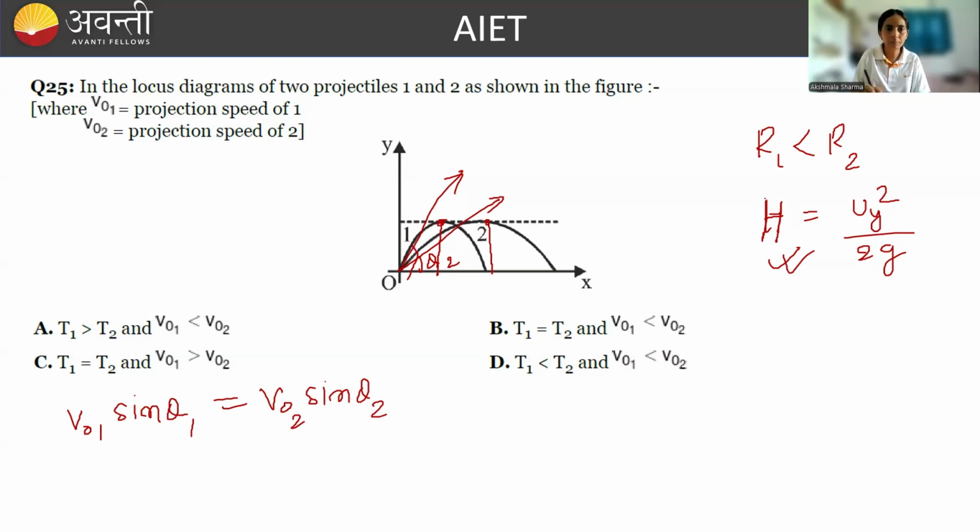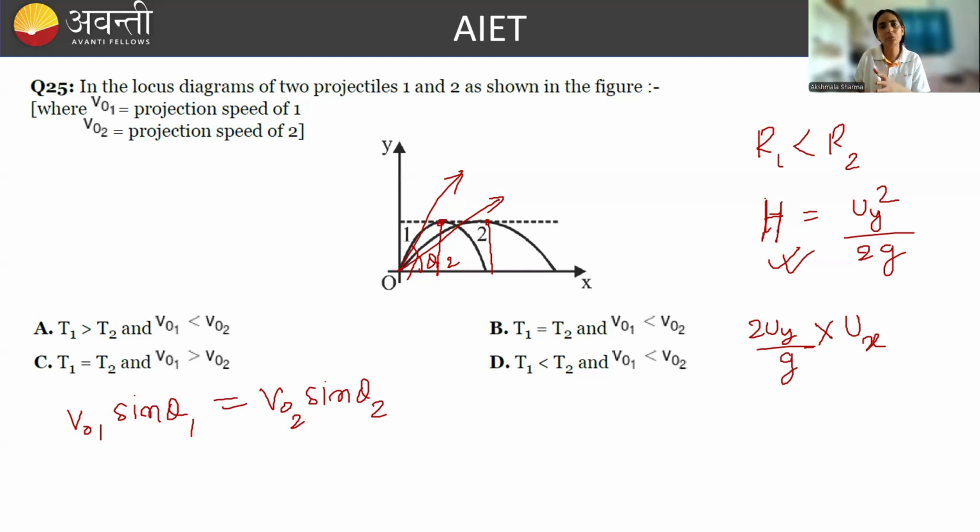Now if you compare the range, time of flight is 2uy by g. So time of flight into ux is the range, right? Range is time of flight into the component of velocity in the x direction, because that velocity is not going to change.